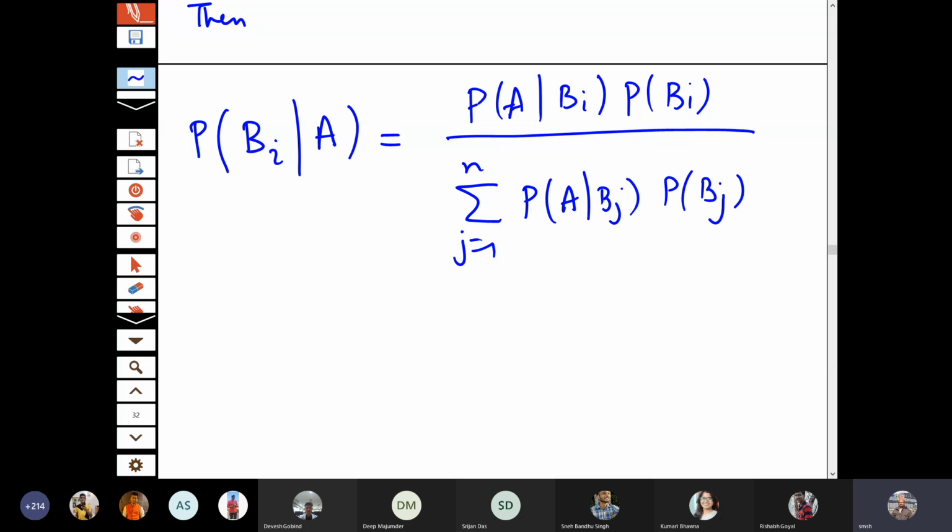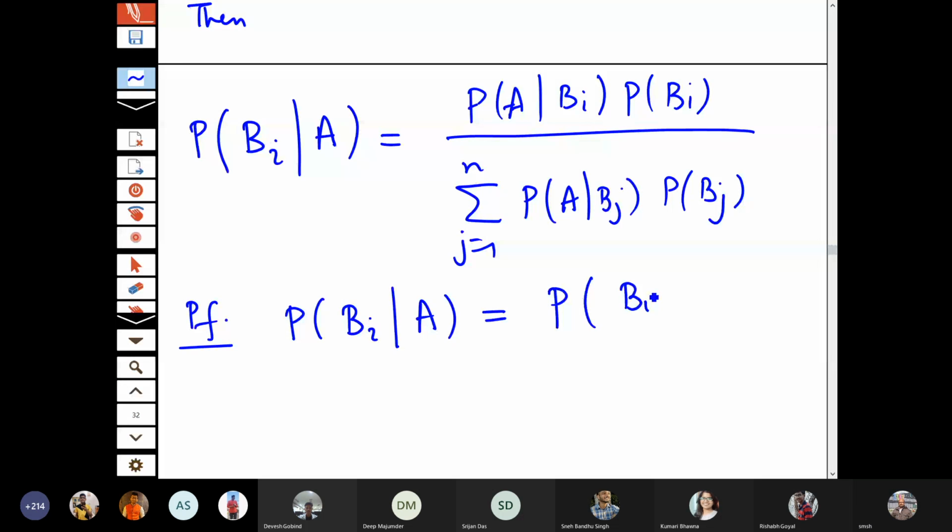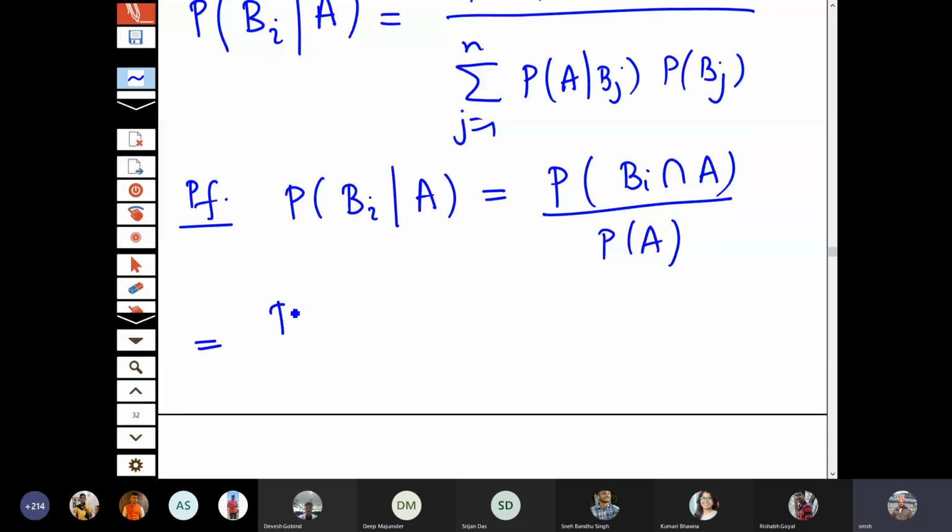Let me give a proof of this Bayes theorem. Of course, it is a trivial proof because you already have all the tools available to prove this one. So probability of Bi given A is probability of Bi intersection A divided by probability of A. And in the numerator, you just apply the multiplication rule, so it is probability of A given Bi into probability of Bi.